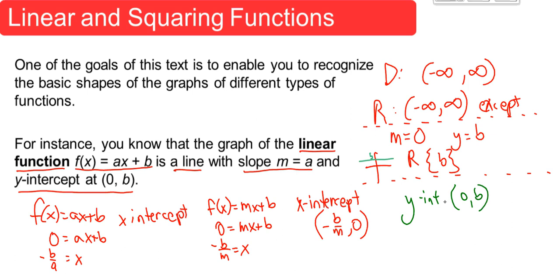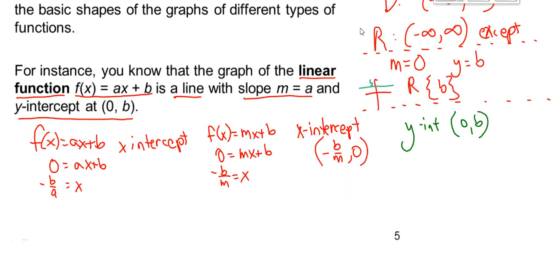So, x-intercept, y-intercept, and other facts about this: if m is greater than 0, it is increasing from left to right. If m is less than 0, it's decreasing from left to right.